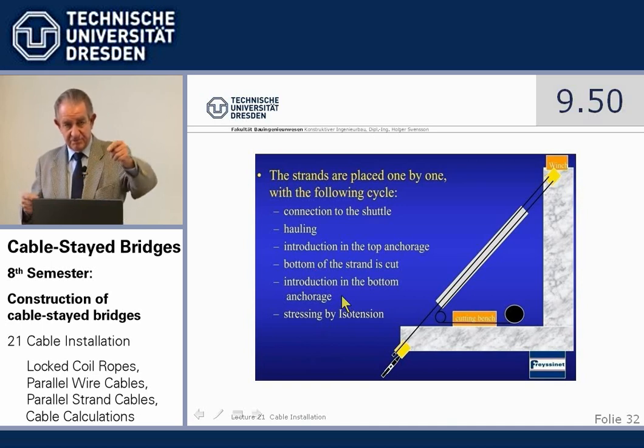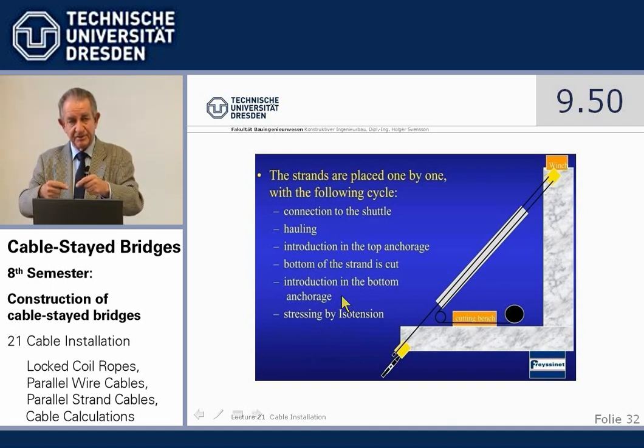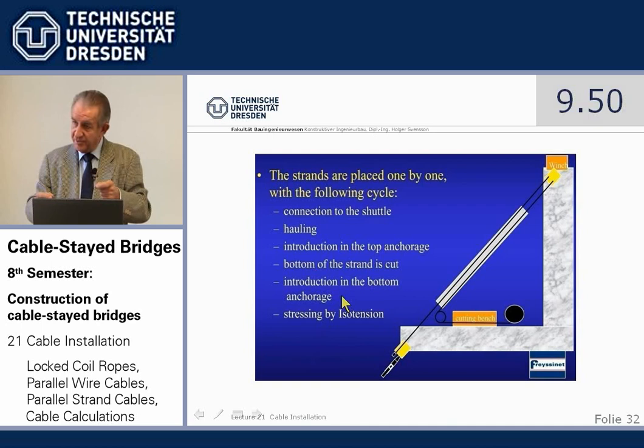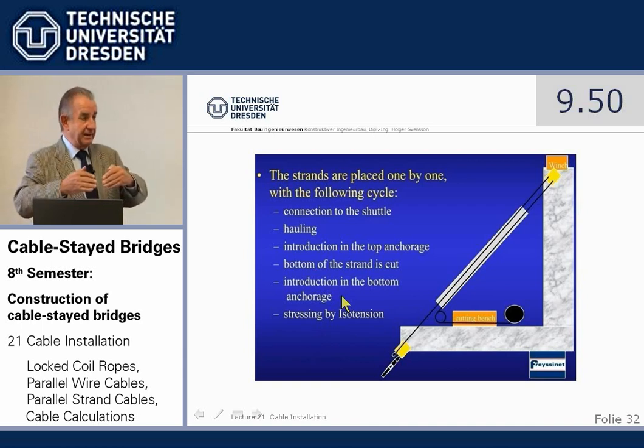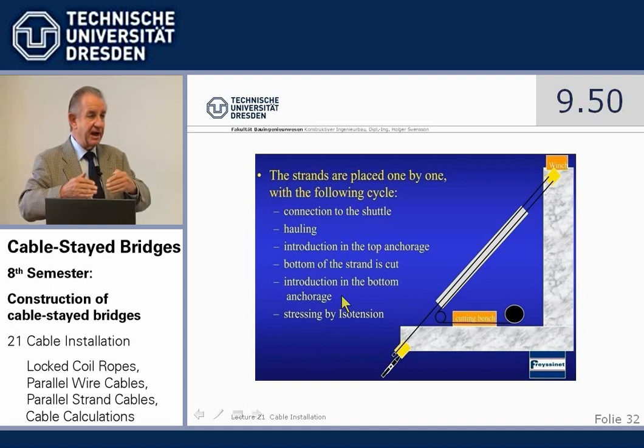Because if you think about it, if you pull in the second, you somewhat release the first. Then you pull in the third strand, and you can measure the stresses in the first two, and the third strand must have the same stress. So you install the strands in such way that always all already installed strands have the same stress.